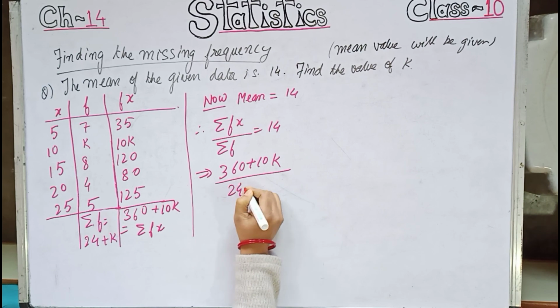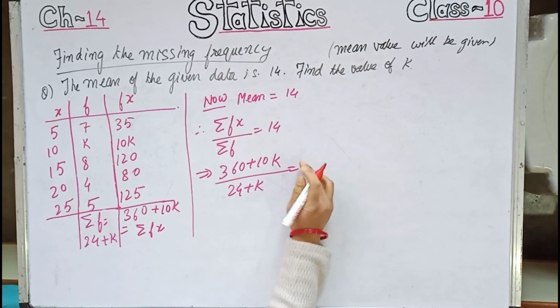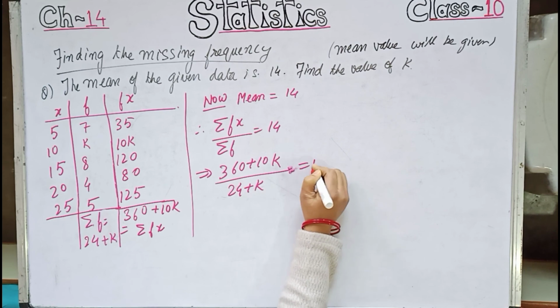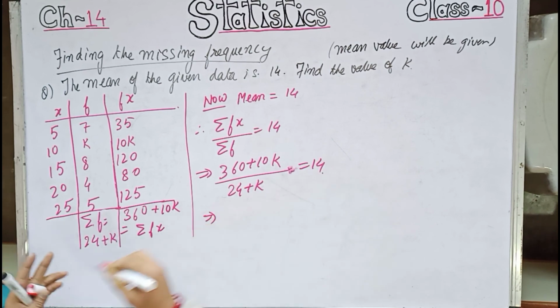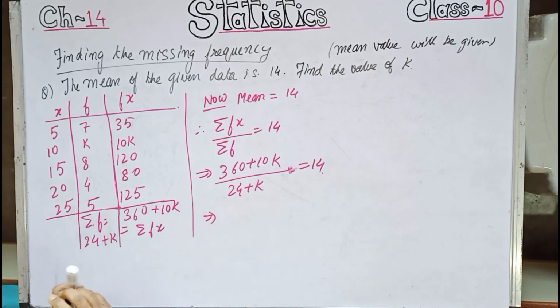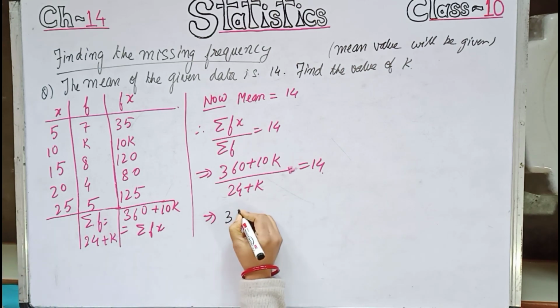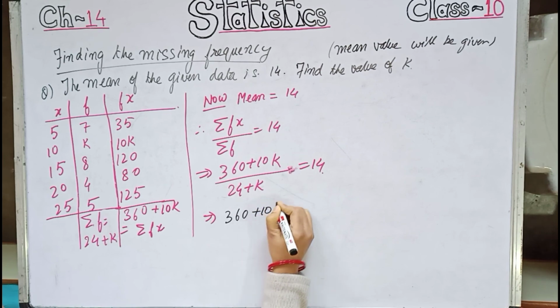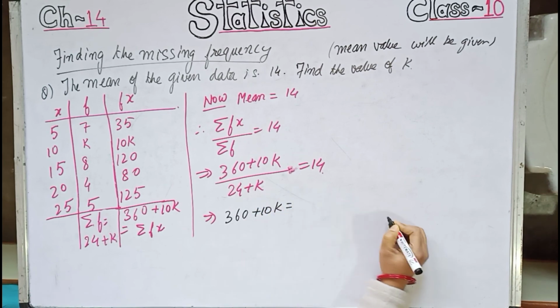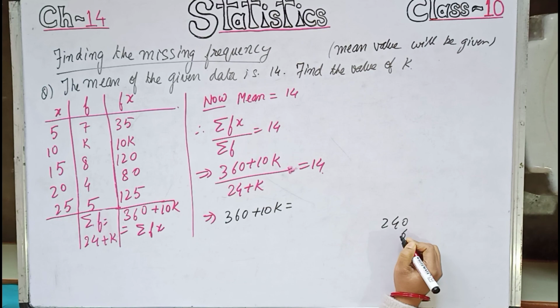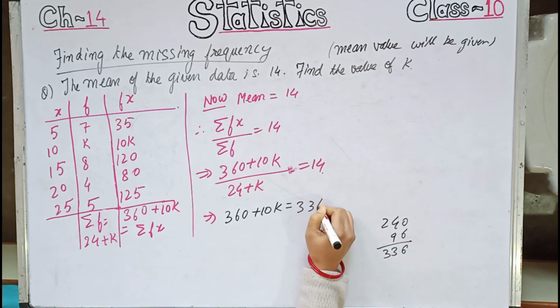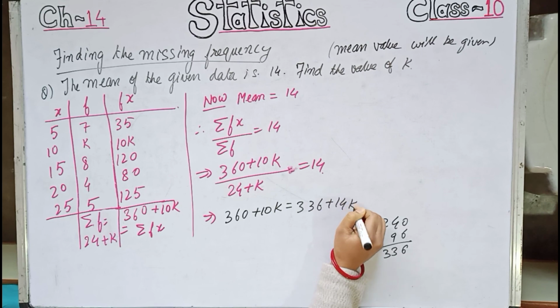So 360 plus 10k over 24 plus k equals 14. Oh sorry, I continued with the red pen, I have to do it with black. This implies 360 plus 10k equals 14 into 24, which is 336, plus 14k.